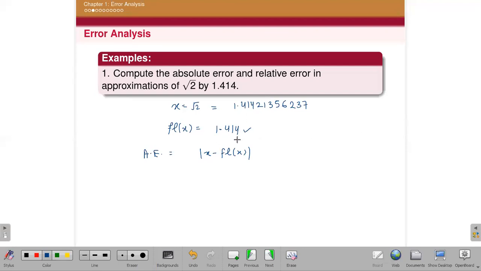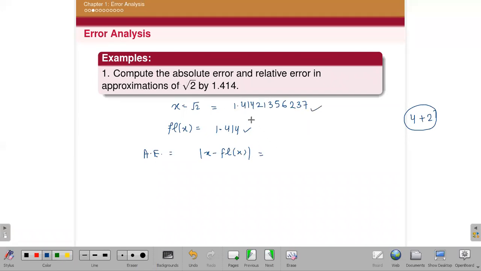Otherwise the error will be 0. So if your approximation is in 4 digits, then you have to take at least 6 digits, means plus 2 you have to take. But it will be easy if you take all the digits that your calculator is showing, because it is not mentioned here in the question. So you take all the digits here.